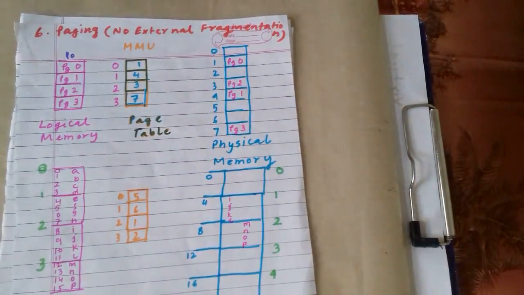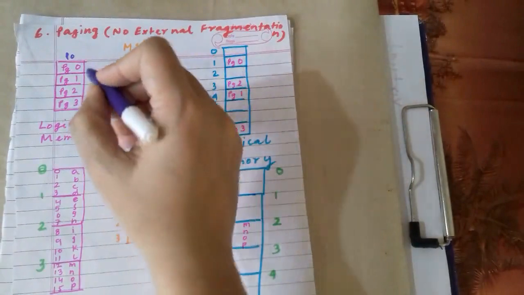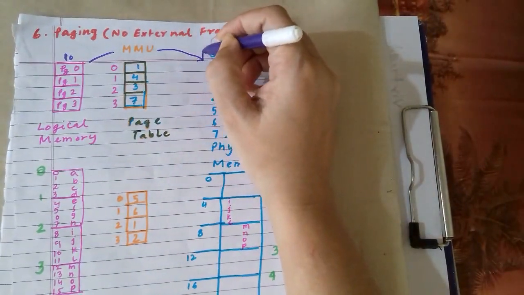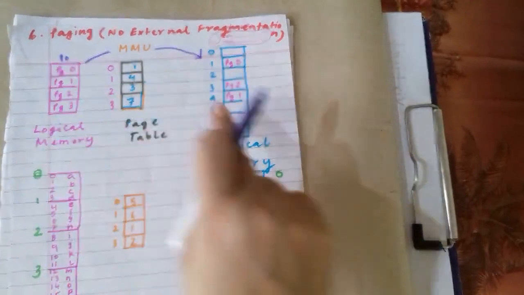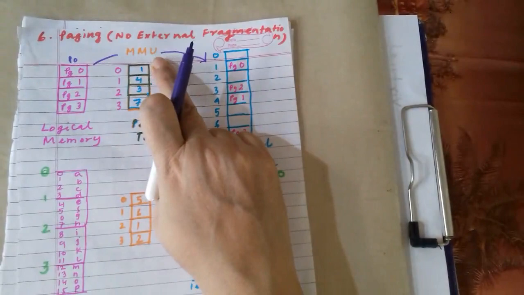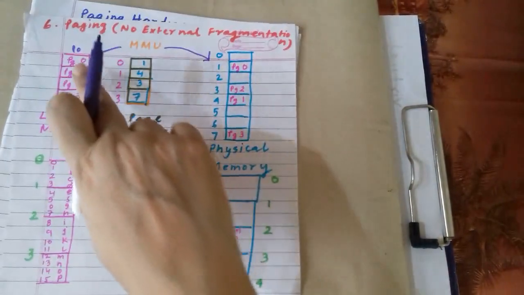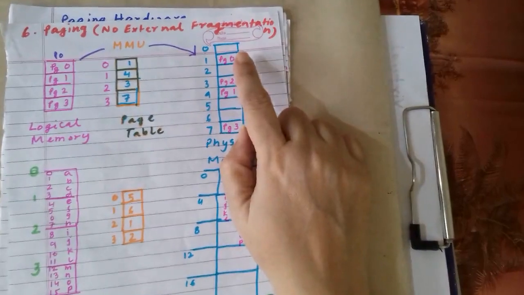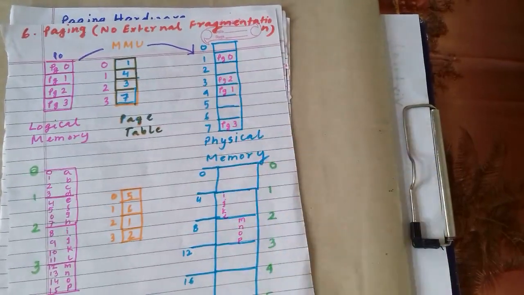So there is a unit called the memory management unit. It helps us know which page of virtual memory is present in which frame number in physical memory.